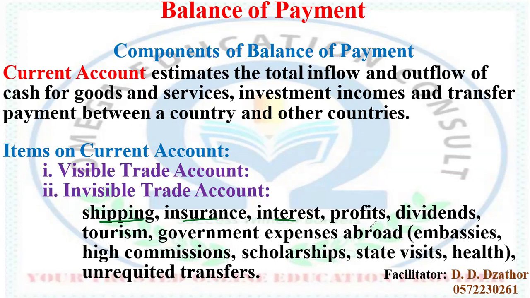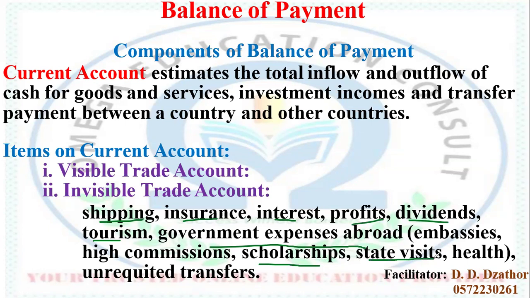We also talk about profits, dividends, money for tourism, government expenses abroad. The Government of Ghana has embassies and high commissions abroad. And so for those people working in those places, government will have to spend money for their maintenance or pay the workers there and also pay other items. There are a lot of Ghanaians who are also residing abroad. The Government of Ghana pays money to those individuals.